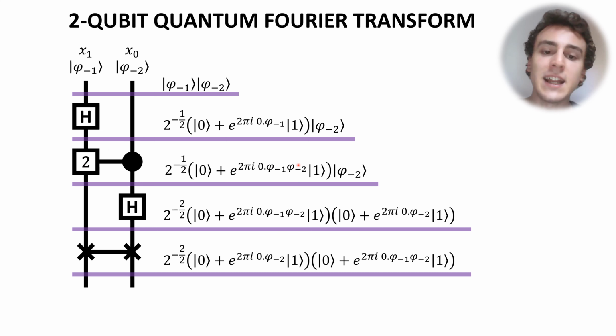And it is important to realize that we have already got a relative phase factor over here from the Hadamard gate. So that's what this Hadamard gate has given us. And now we have added another bit to this bit string in the binary fraction that is showing up in this complex exponential. And where is this bit coming from? Well, it is the label of this initial qubit state at the top, phi sub minus 2.